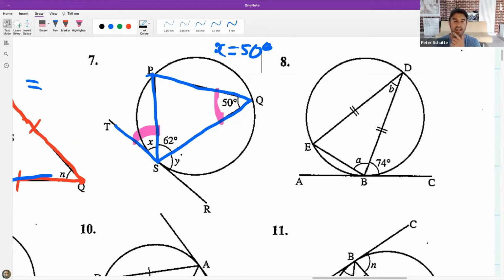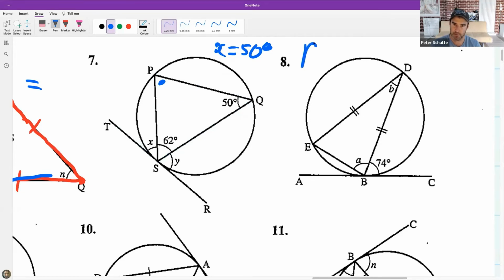Now, what is Y going to be equal to? There's actually 2 different ways you can do it. The one way of doing it is to say, what is P?